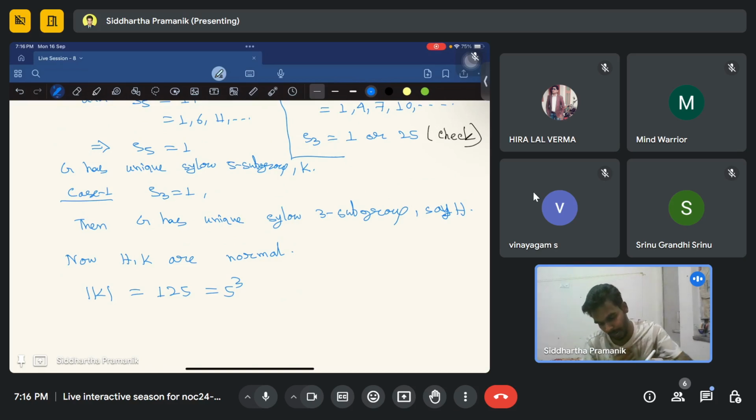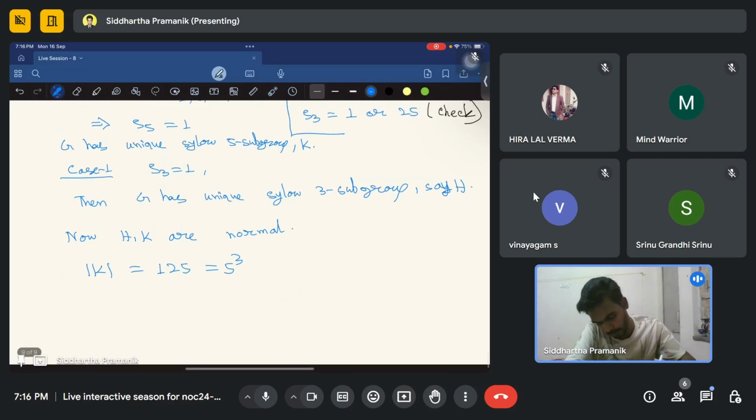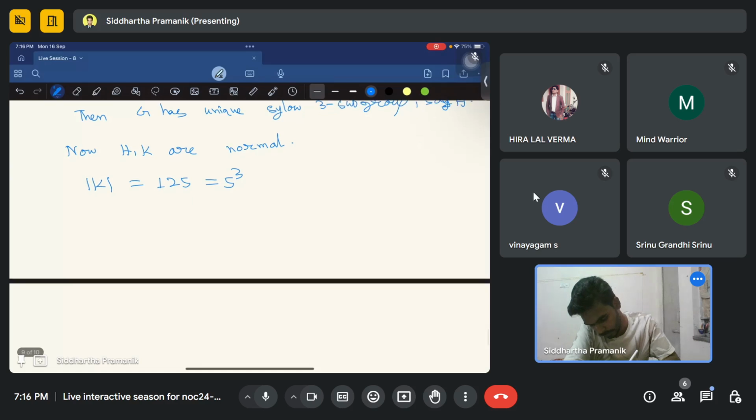So 5 is a prime number, so it has an element of order 5, or let's say K has a subgroup of order 5, say K prime.